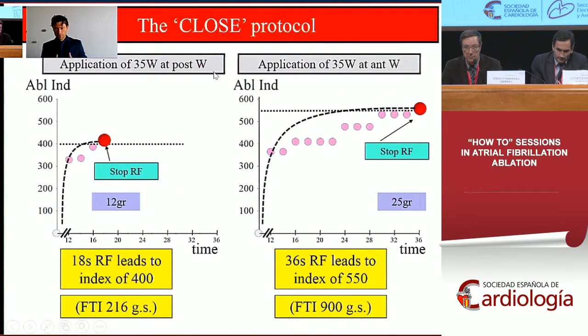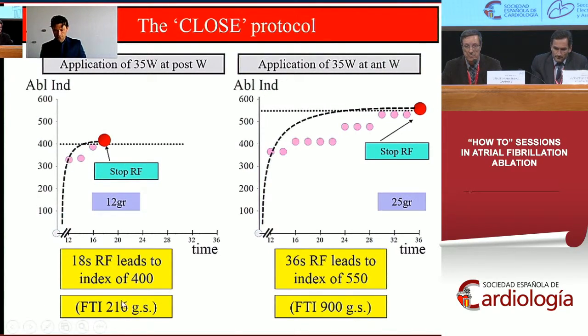Here you see how it changes your workflow. We are ablating at the posterior wall 35 watts and 12 gram. After already 18 seconds, the algorithm tells you that you have reached an index of 400, and we stop application, 18 seconds only.